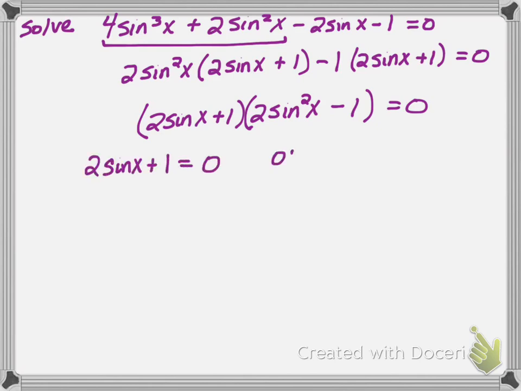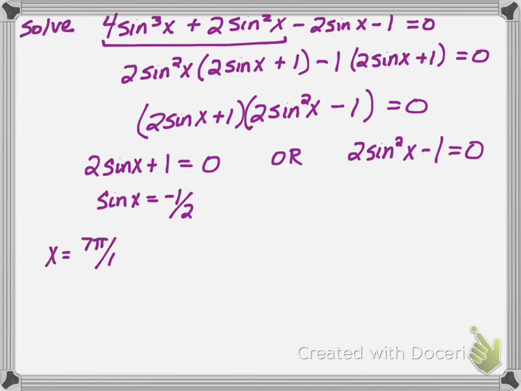And whenever you have a product equal to 0, one of those factors has to be 0. So either 2 sine of x plus 1 equals 0, or 2 sine squared of x minus 1 equals 0. Solving, we get sine of x equals negative a half, which means x equals 7 pi over 6, or 11 pi over 6.